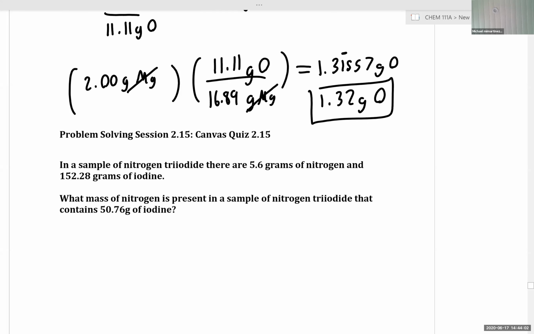Make sure to provide your responses either via Canvas or via the Zoom chat function. Let's try to get a few more responses and we'll discuss in a few minutes.